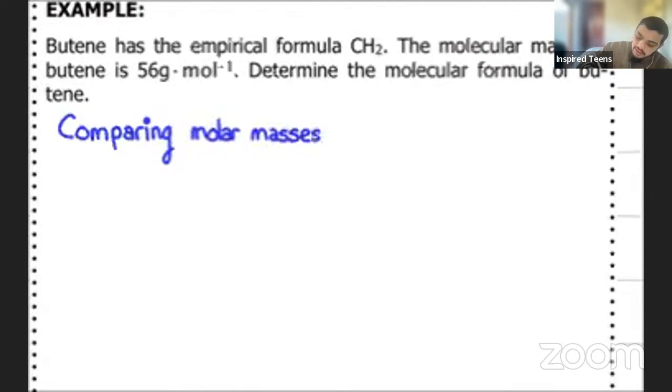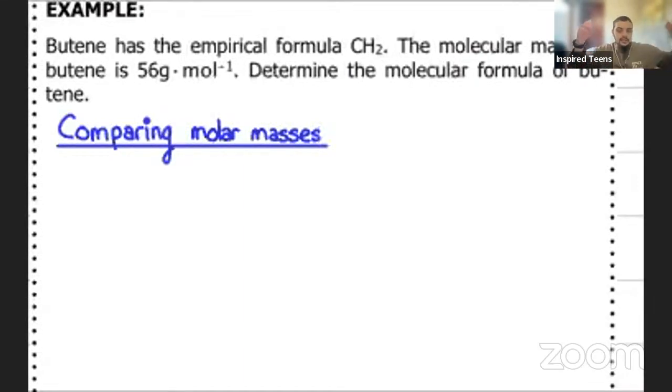It's super easy to compare because their molar masses will be in a ratio. Because we're increasing these compounds in a ratio, the molecular formula has to contain the same ratio as the empirical formula, and then their molecular masses would be in a ratio as well.